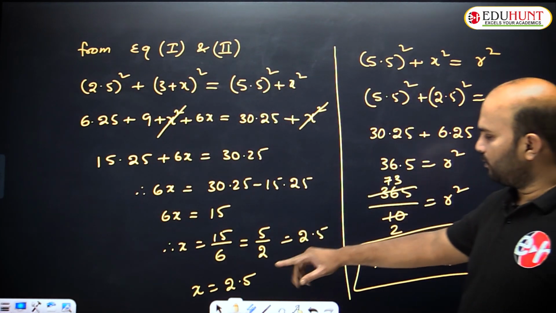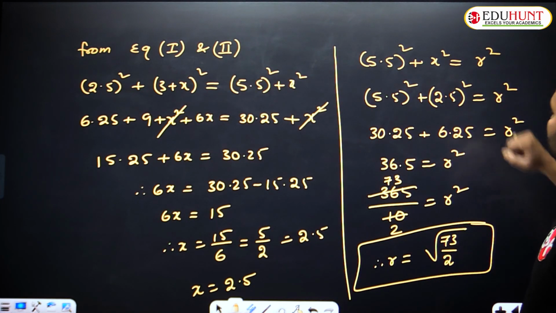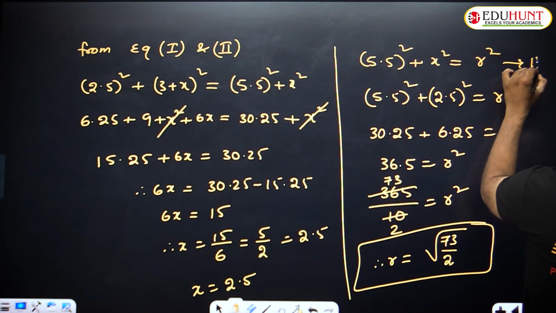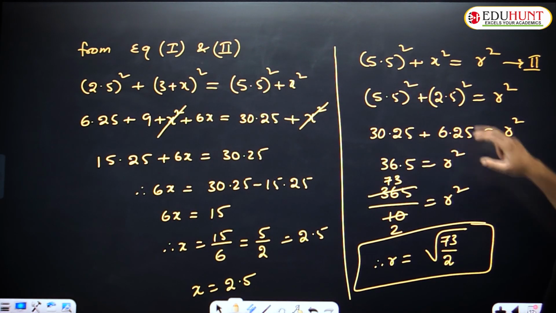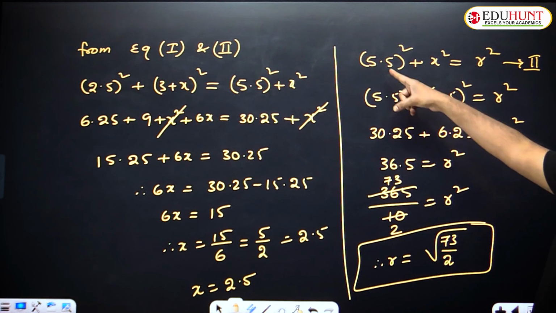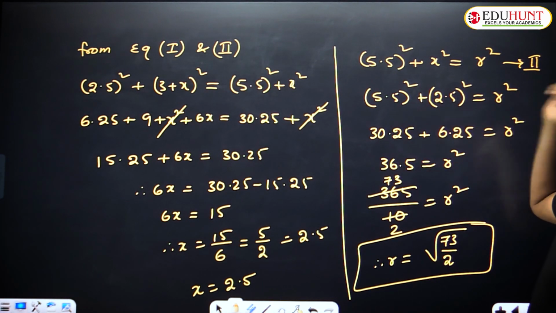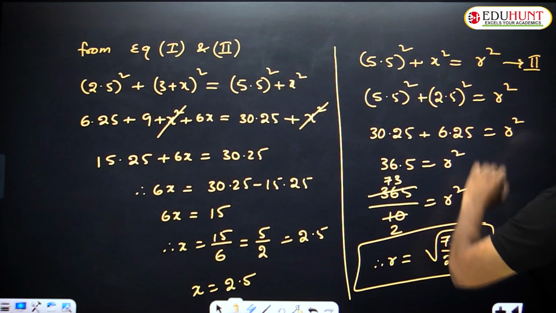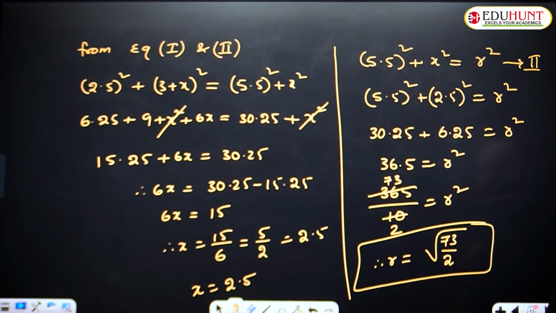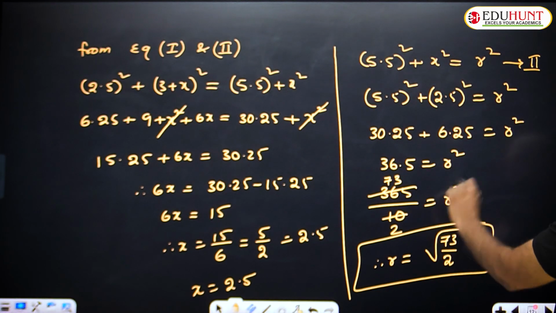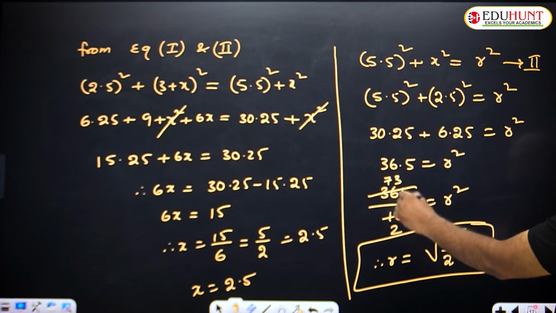So clearly we need to understand that the x value is 2.5. This is equation 2, and we put the x value directly into equation 2 to get the r value. 5.5 whole square plus 2.5 whole square equals r square. 5.5 whole square is 30.25, 2.5 whole square is 6.25, so the total is 36.5 equals r square. Therefore r equals root of 73 by 2.